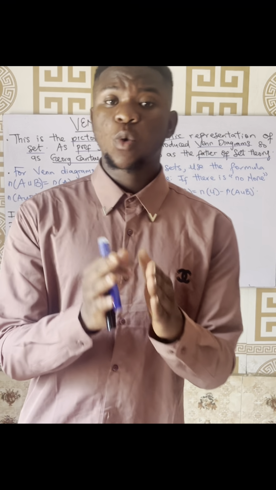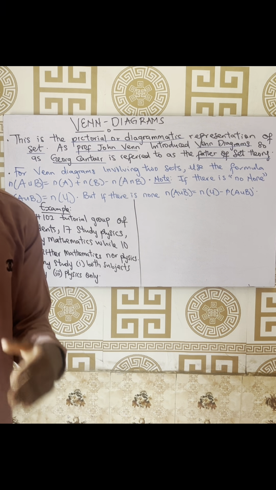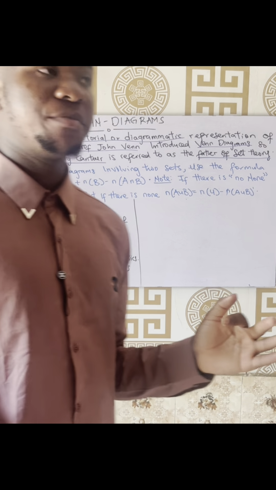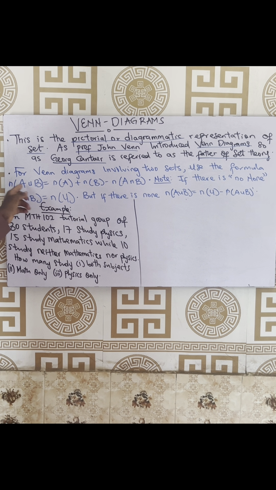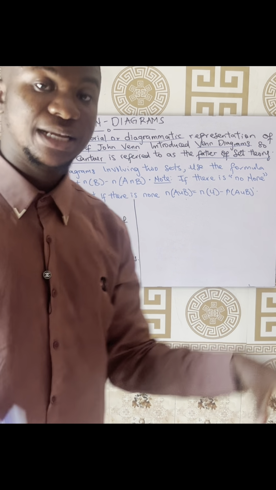In some questions given to you in exams or tests, they might not use A and B, it might be P and Q or any other letters. If it is P and Q, you just change the formula to n(P ∪ Q) equals n(P) plus n(Q) minus n(P ∩ Q). But for now, since we are just doing it generally, our n(A ∪ B) equals n(A) plus n(B) minus n(A ∩ B).